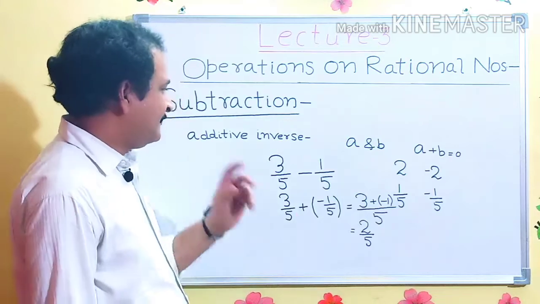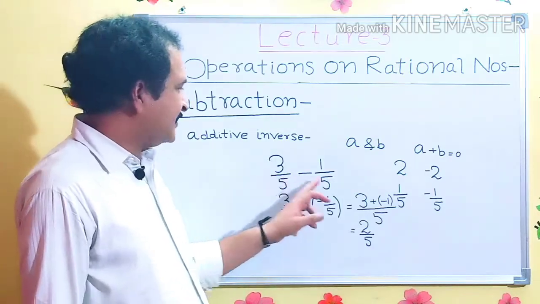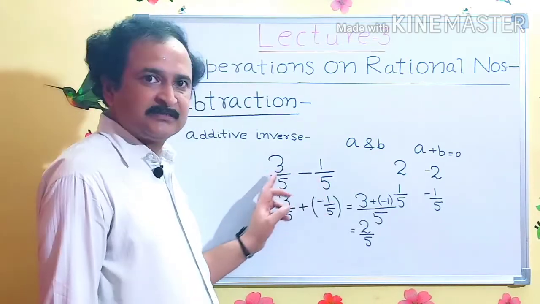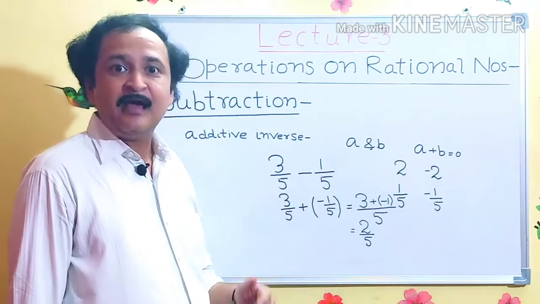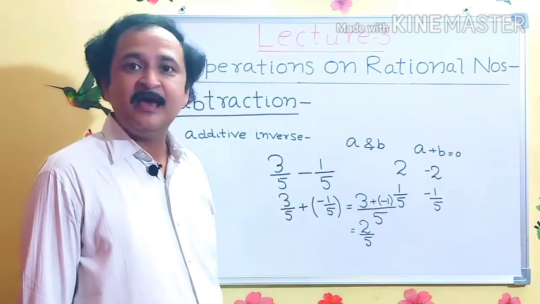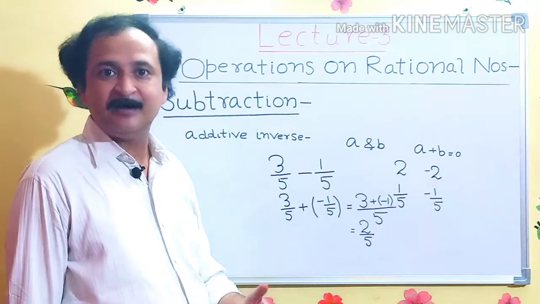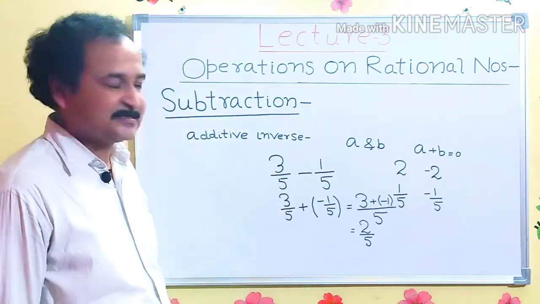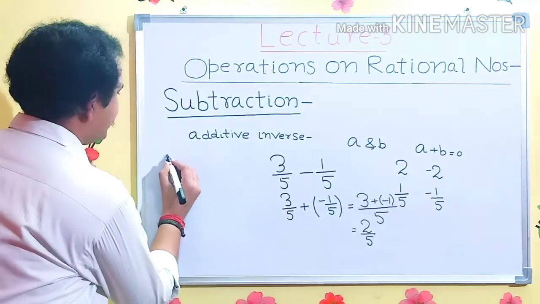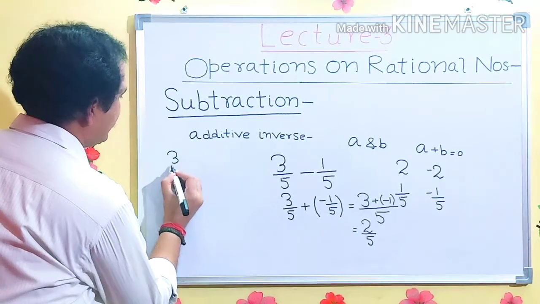Now if the denominators of the two rational numbers are different, then apply the same procedure as we have discussed in the addition operations.